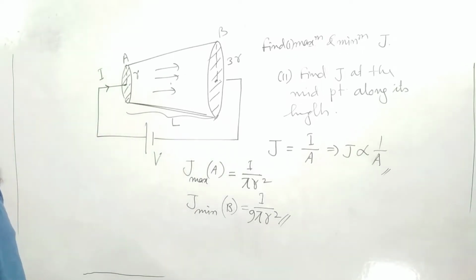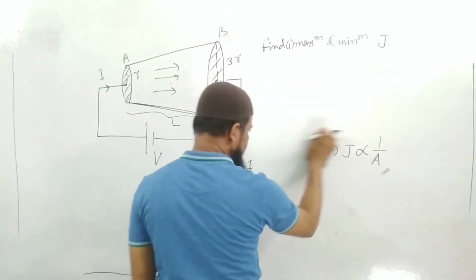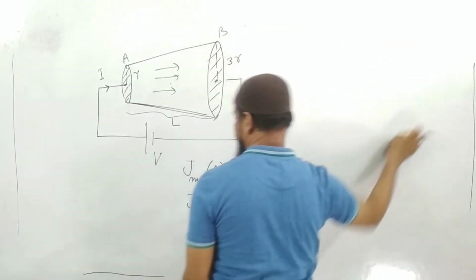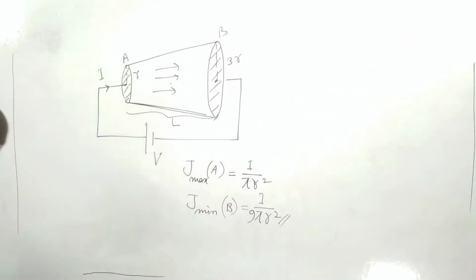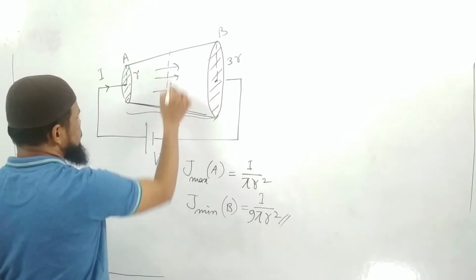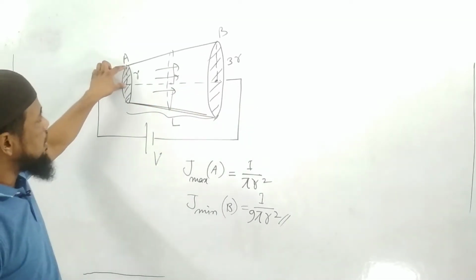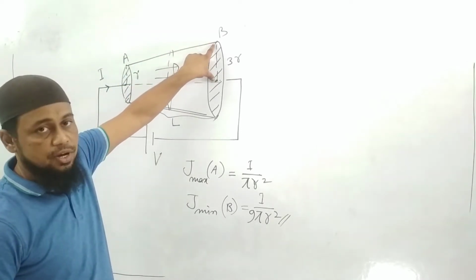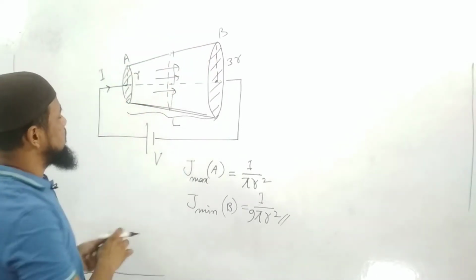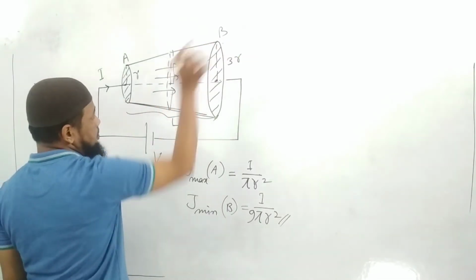Second point, find J at a midpoint along its length. At the midpoint, what will be the cross-sectional area exactly at the middle point? See here, the radius is r and the other radius is thrice r. So exactly at the middle, the radius will be between r and 3r.